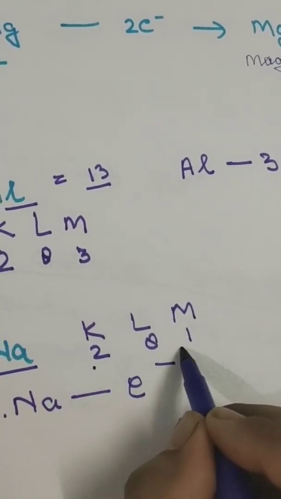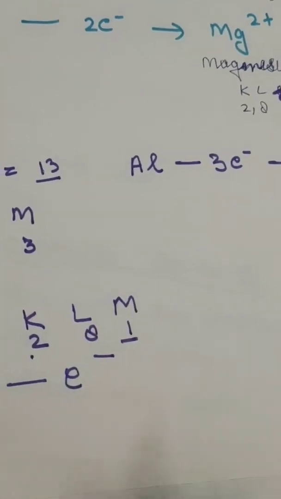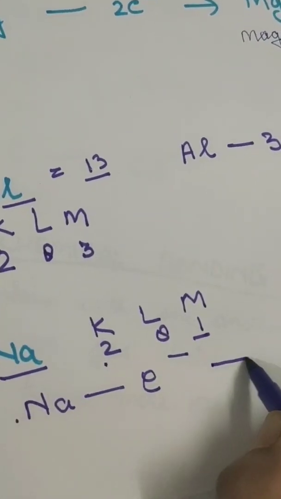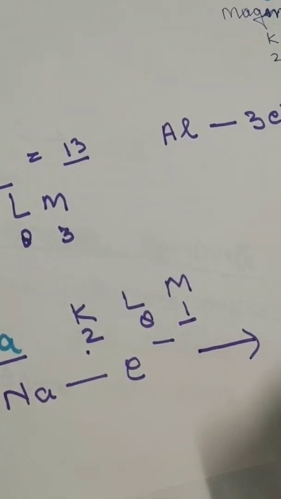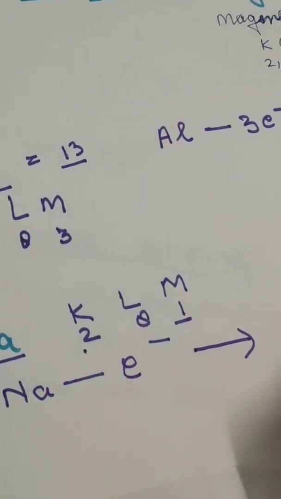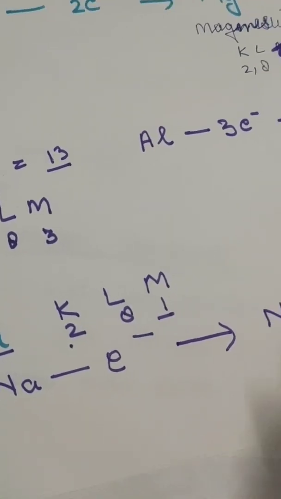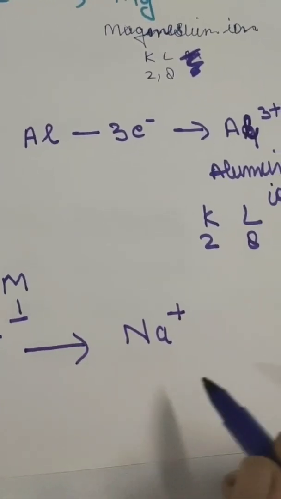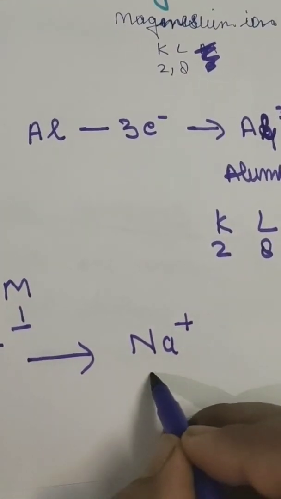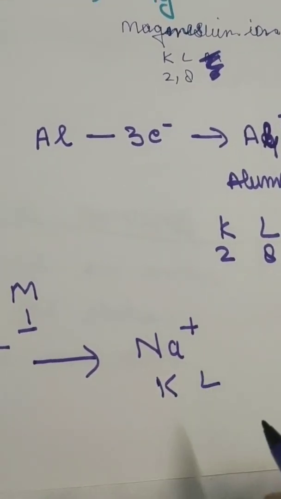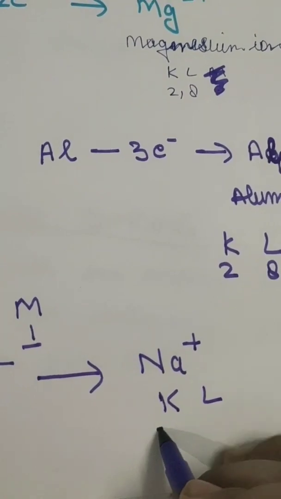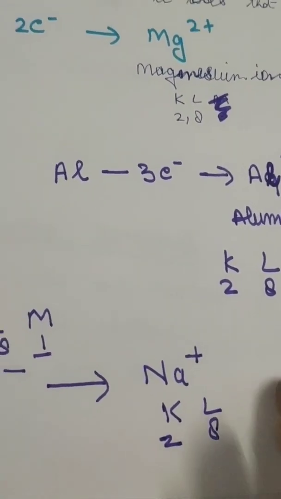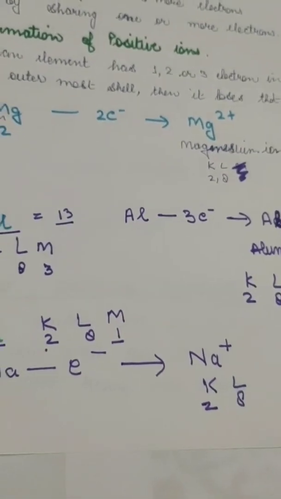So here only 1 is extra, so it will donate only 1 electron and acquire a positive charge of 1. We don't need to write 1, so it will just be plus here. It will be the sodium ion. So now its configuration would be like this: K and L, there will be no M shell, 2 and 8. Okay, I hope it's clear now.